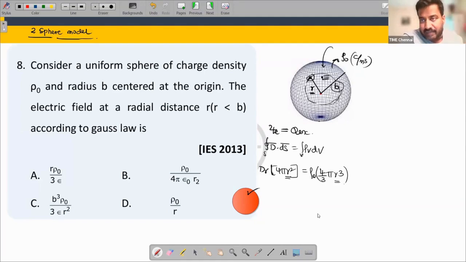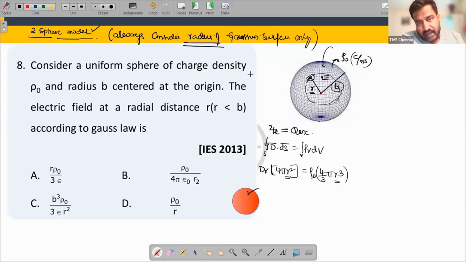Unless you understand this concept, do it once. It's very difficult that you do it in the exam. So this is called the two sphere model. In calculation, we always consider the radius of the Gaussian surface, both in calculation of psi and Q.